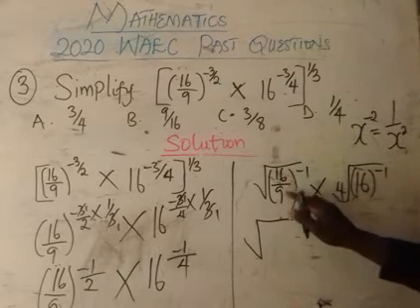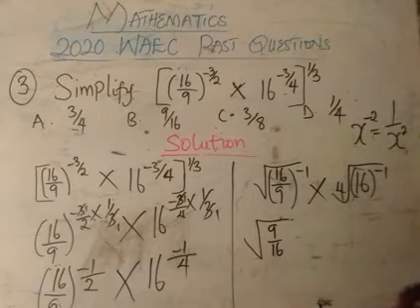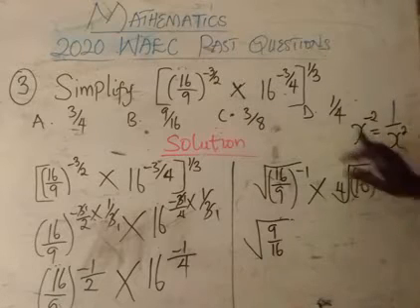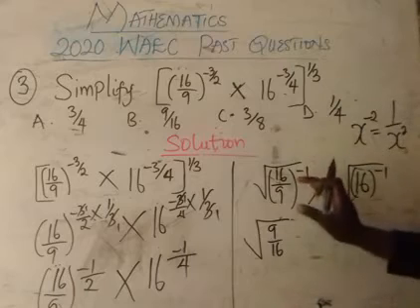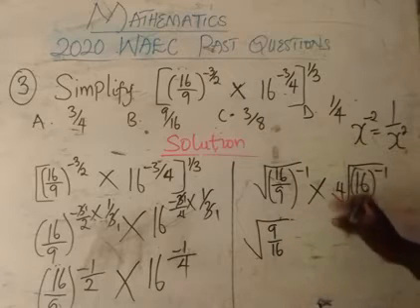So the reciprocal of 16 over 9 is 9 over 16. Because of this negative index, we take the reciprocal. That is just what we did here. We take the reciprocal and retain the power. Any number raised to the power of 1 is the same number. That is why I don't mind bringing that 1 there.